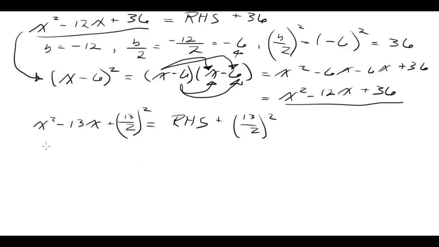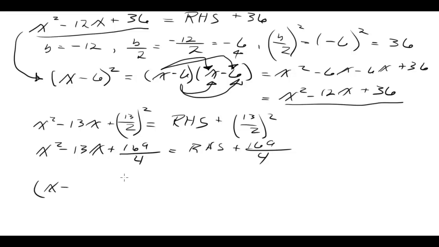So this is going to be x squared minus 13x plus 169 over 4 equals the right-hand side plus 169 over 4. And that's going to equal x minus 13 halves squared. And we're done. We've completed the square.